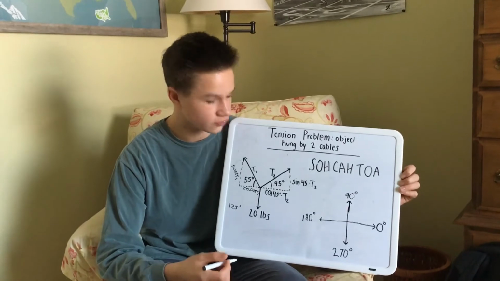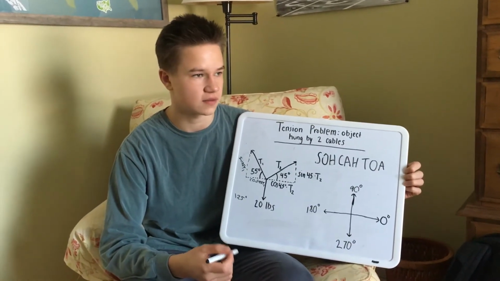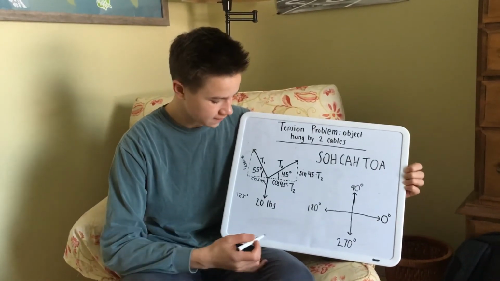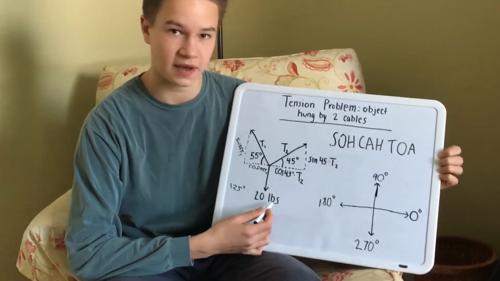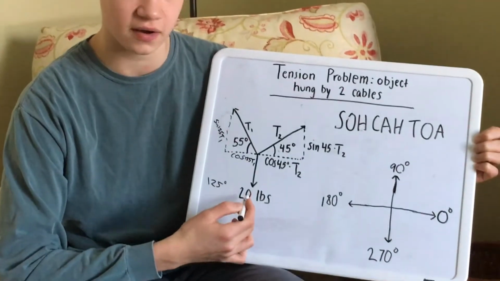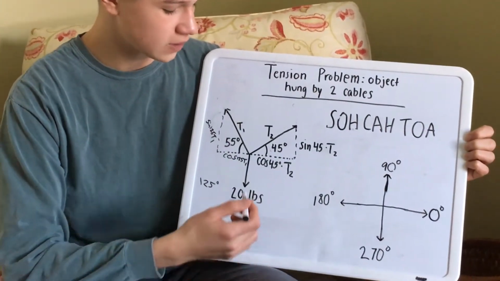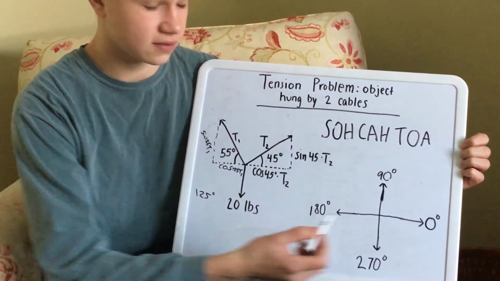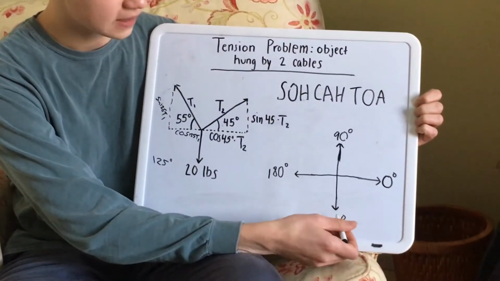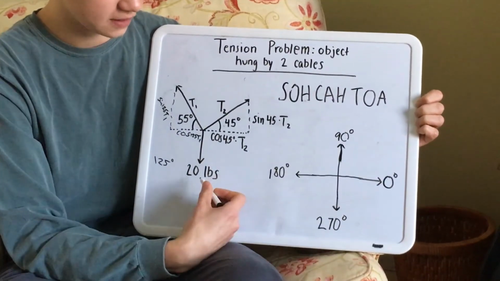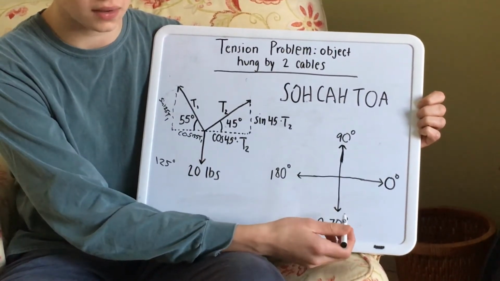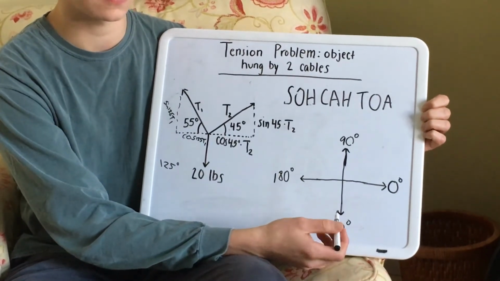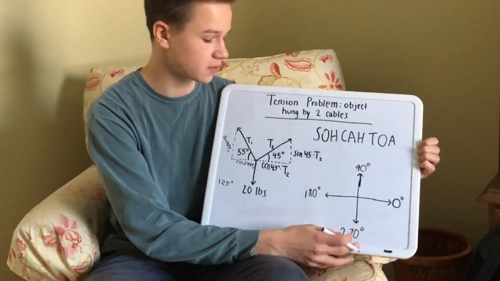Alright, there's one more crucial piece of information that we need to solve our system of equations, and that's the 20 pounds of force pulling down on this arrow here. Although we can't make a triangle out of this line, we can look over to our unit circle and see that this line is at a 270 degree angle, which is crucial to solving the problem.